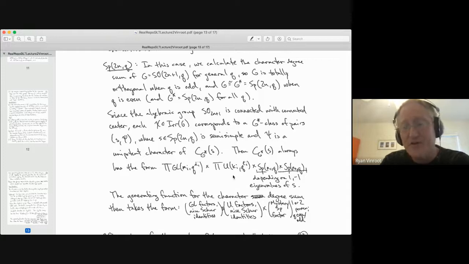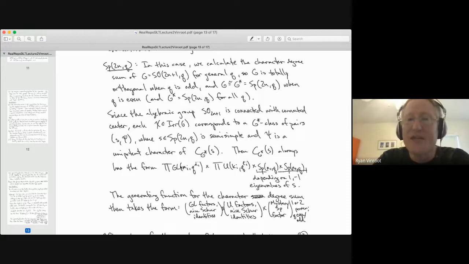Unipotent characters of the unitary group, I haven't said too much about this because it's almost another topic. We also have hook length formulas for these unipotent characters by changing Q's into -Q's. So the point is that we have hook length formulas for the character degree sums of these, which are then values of symmetric functions.